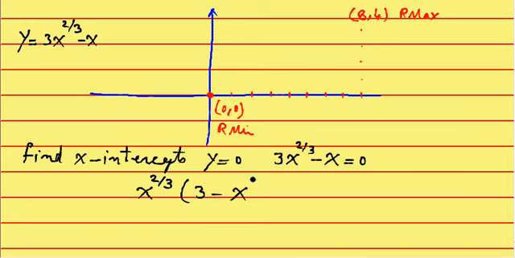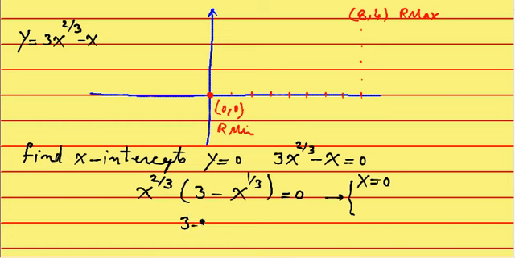Can you guess what's going to be the power? If I extract 2/3 out of x to the power of 1, I'll be left with that. If I set this thing equal to 0, one of two things could happen. Either x is 0, which makes this 0, or this factor is equal to 0.